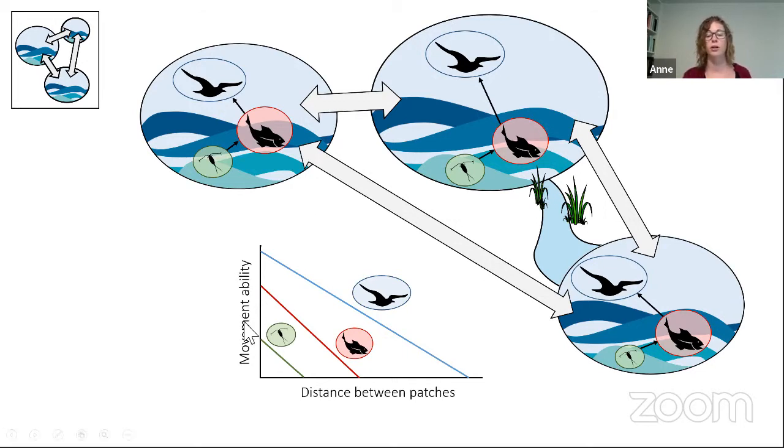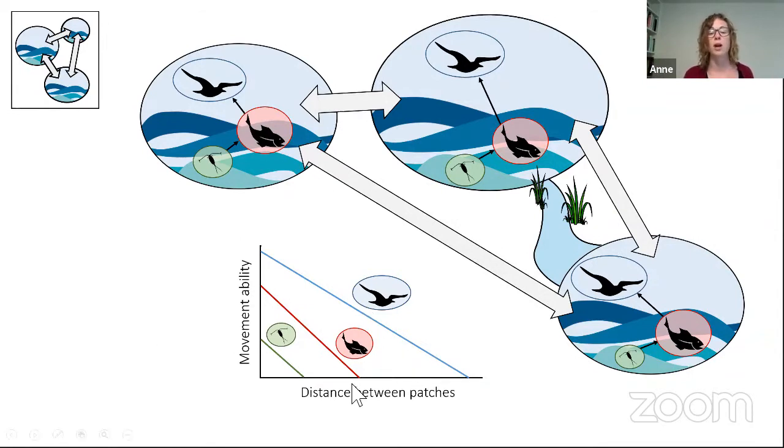And so we have these dispersal kernels where the bird is big, it can fly, so it has a really strong movement ability, and it can disperse between all three of the patches. The fish, on the other hand, maybe it's smaller and it can't move as well. And then the zooplankton can't move at all because it's just a passive disperser.